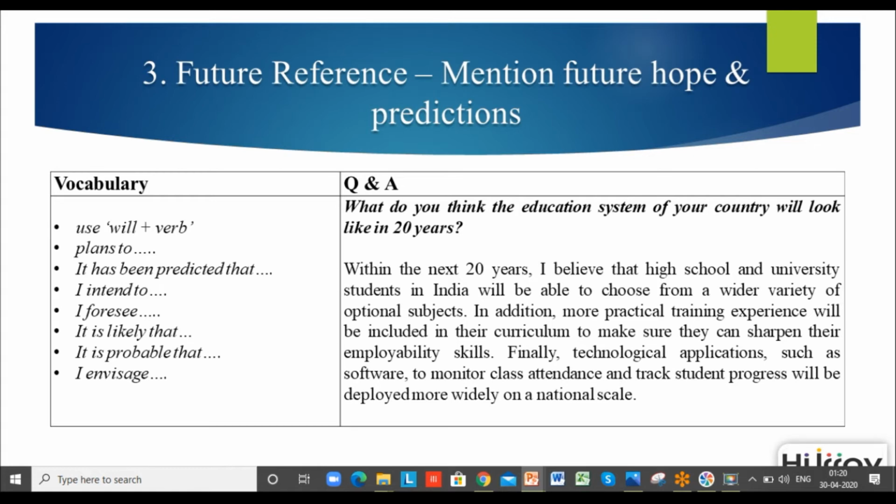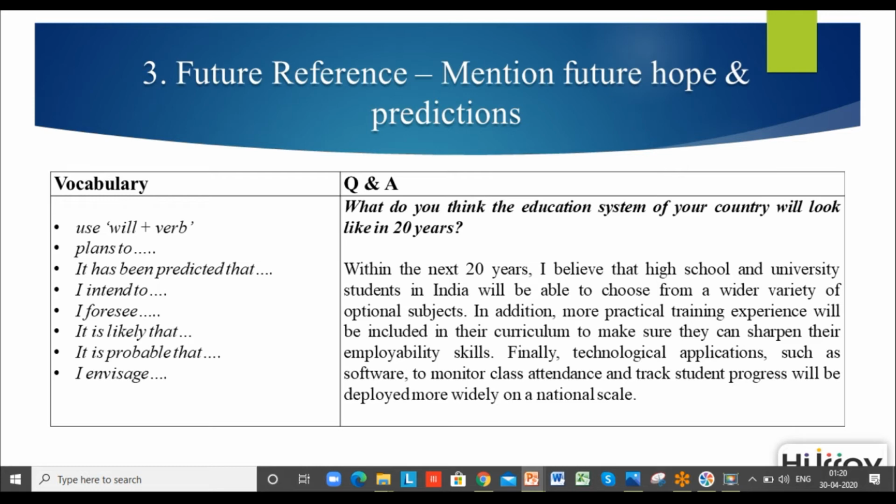Let's take a look at a sample question with an answer. What do you think the education system of your country will look like in 20 years? Within the next 20 years, I believe high school and university students in India will be able to choose from a wider variety of optional subjects.